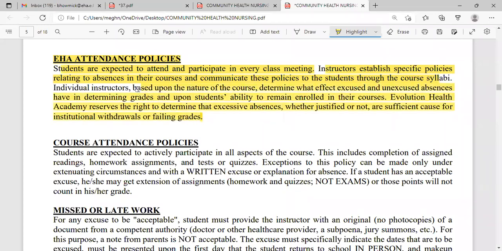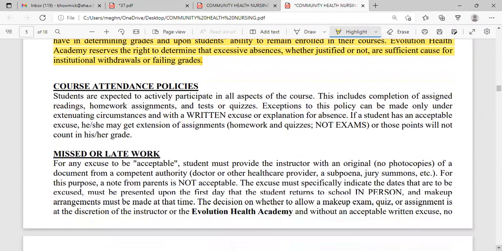So we have the system, but basically our students do not withdraw from the program or course. The course attendance policies here: the students are expected to actively participate in all aspects of the course, right?